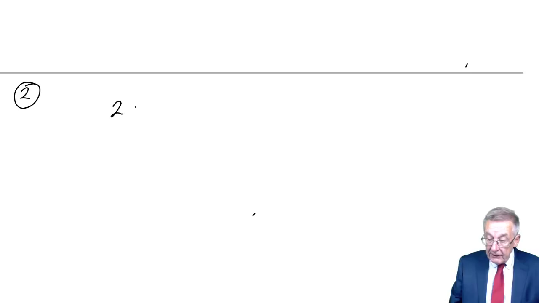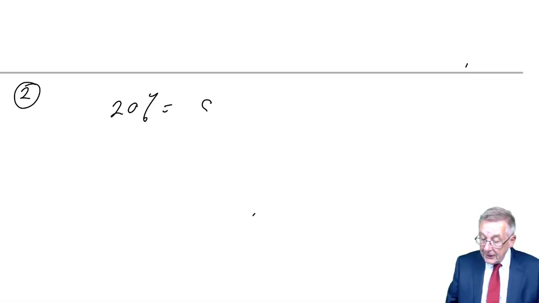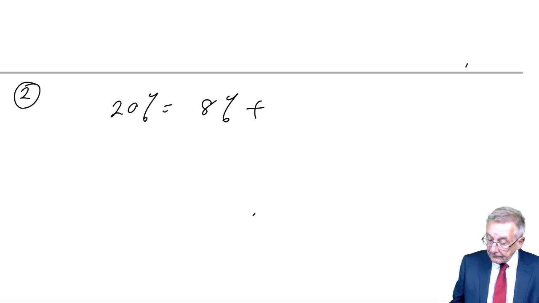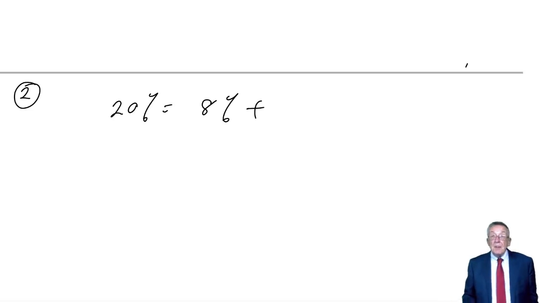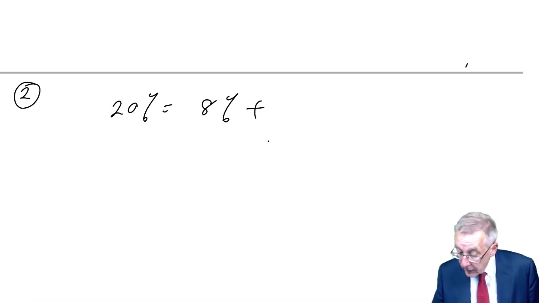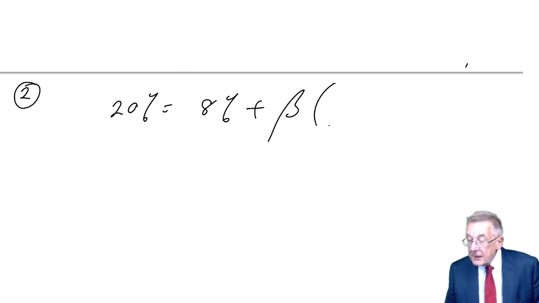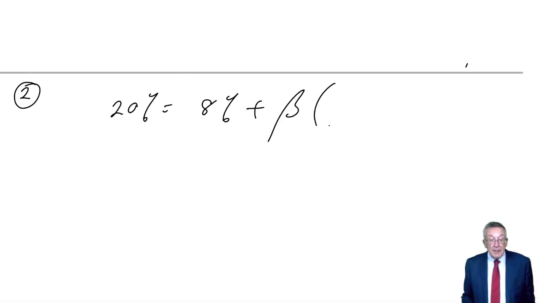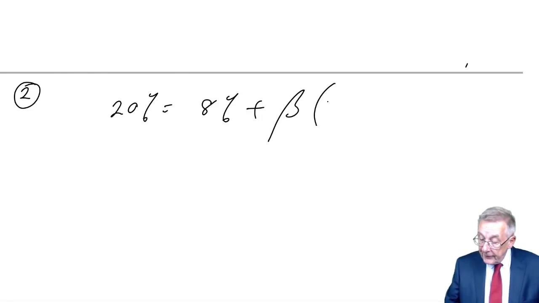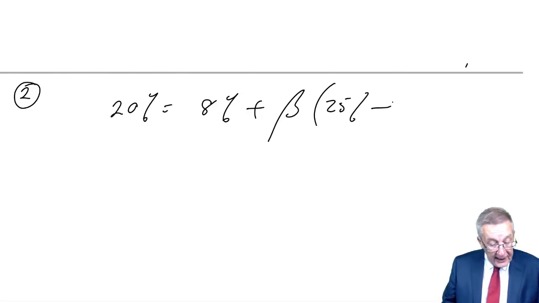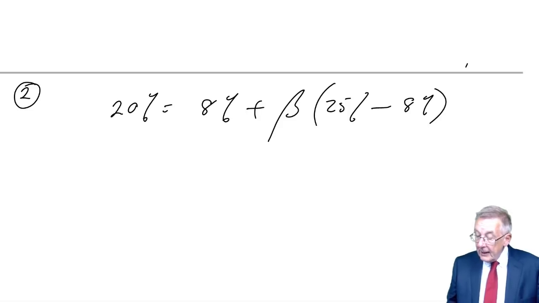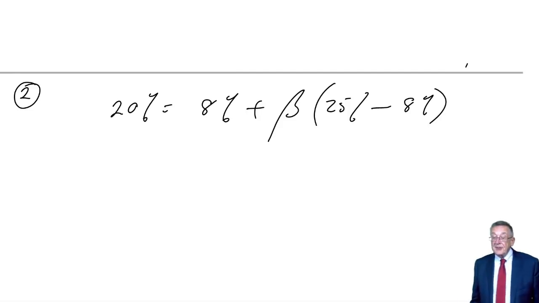The return, which here is 20%, is equal to the risk-free rate, which is 8%, plus beta, which is what we're trying to find, times the market premium. Well, the market as a whole is giving 25, the risk-free is 8, and so the premium is 17.